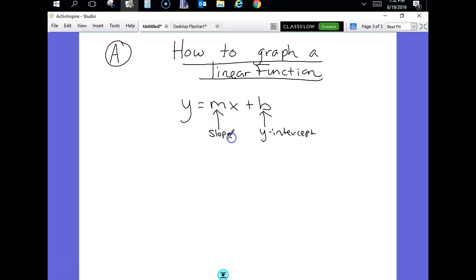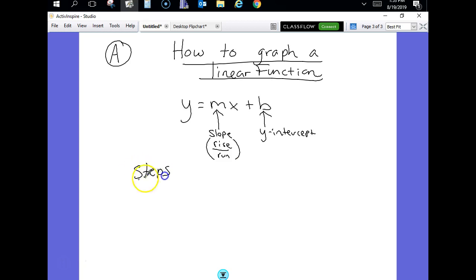In other words, that's our rise over run. All right, so let's go ahead and do the steps here then on how to graph.